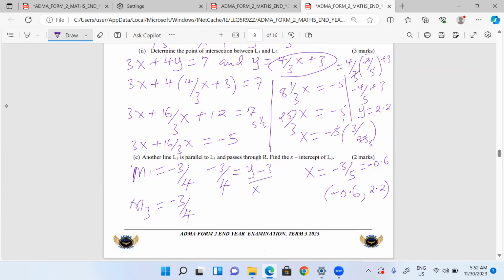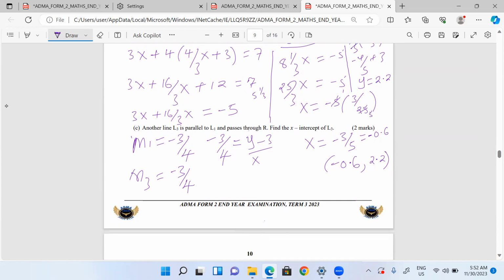So x minus 0, making it just x. Then now we can say, when we cross multiply, 4y minus 12, because 4 multiplies with everything here, negative 3x.